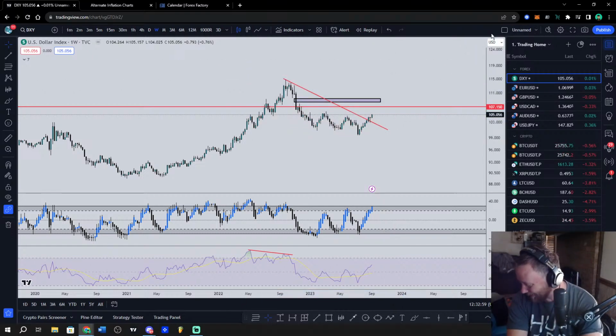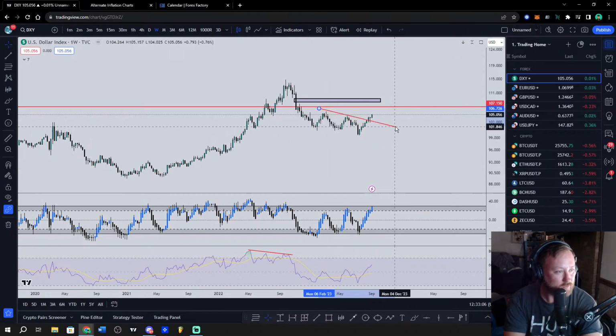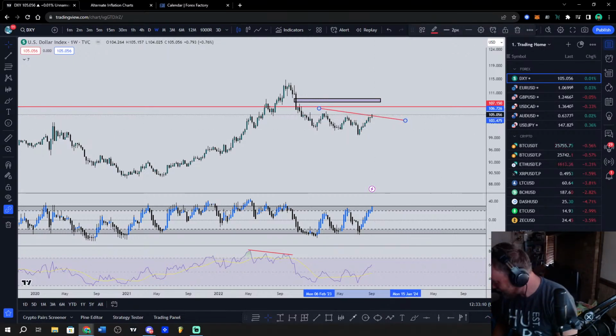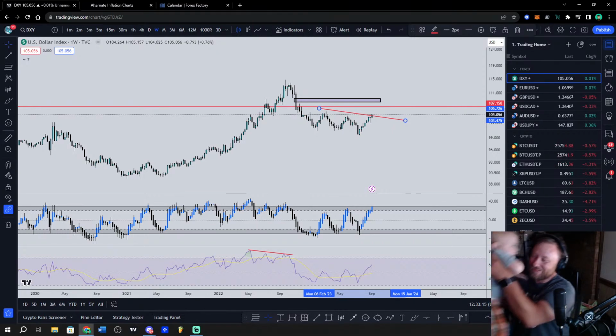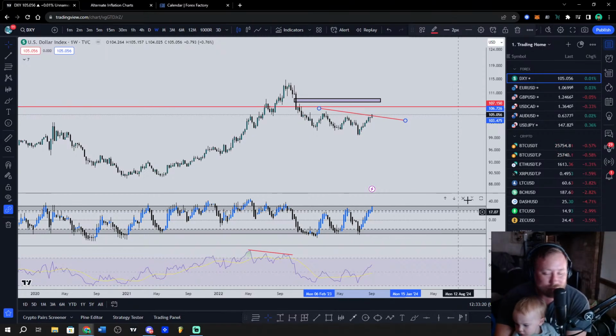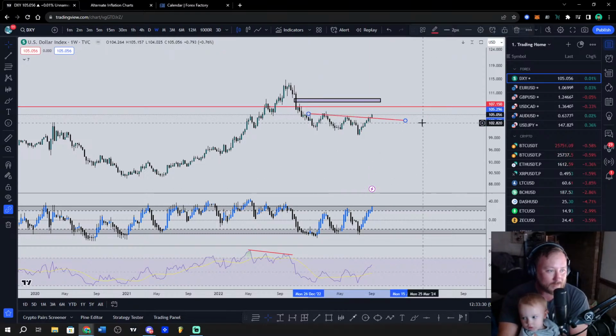Yeah, that trend line. I'm looking for it to come back down through there.